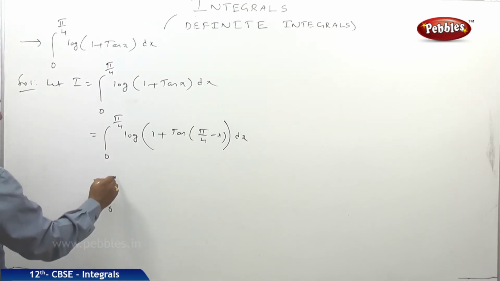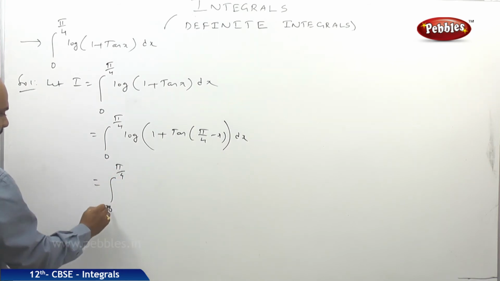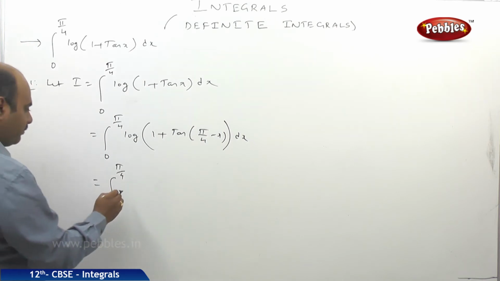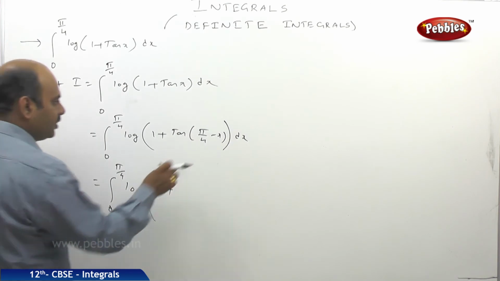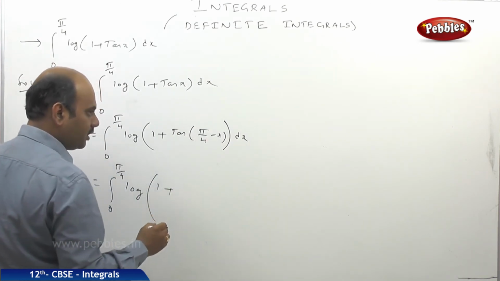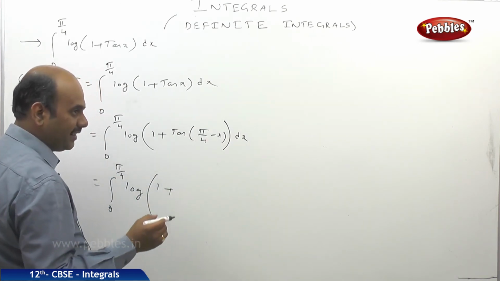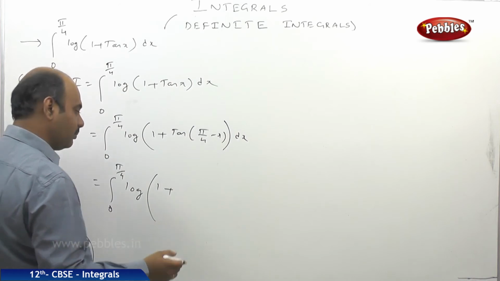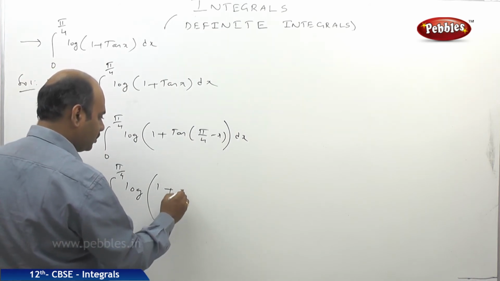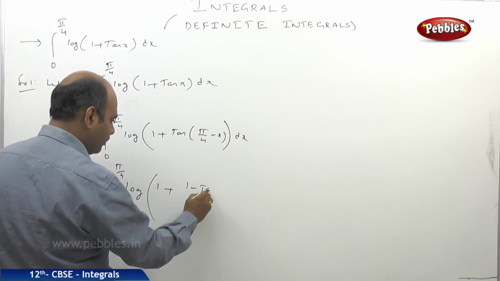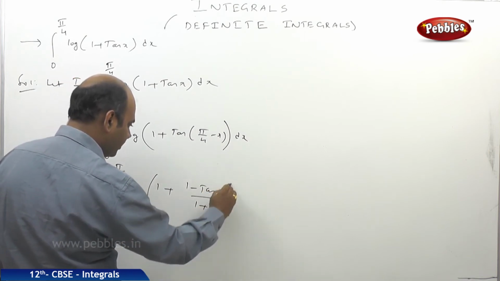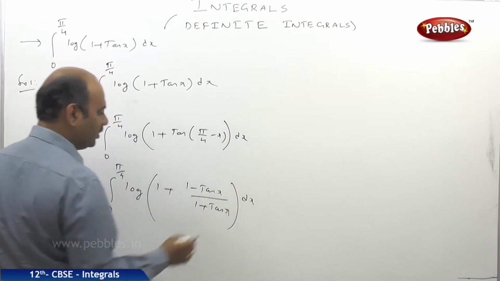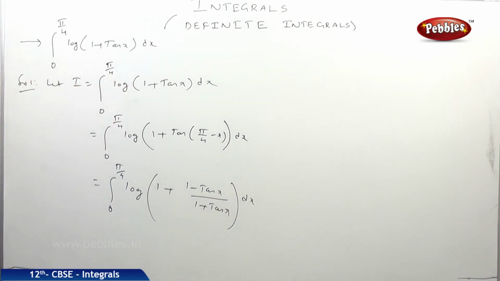So integral from 0 to pi by 4 of log of 1 plus tan of a minus b. Tan of a minus b means tan a minus tan b divided by 1 plus tan a tan b. So that becomes 1 minus tan x divided by 1 plus tan x dx. Why? Tan pi by 4 is always 1.